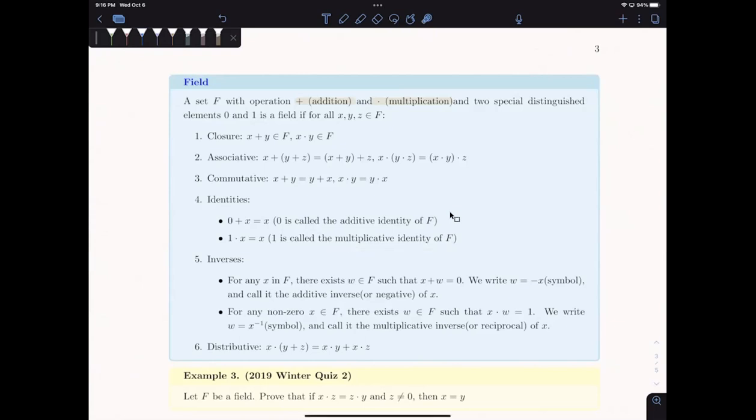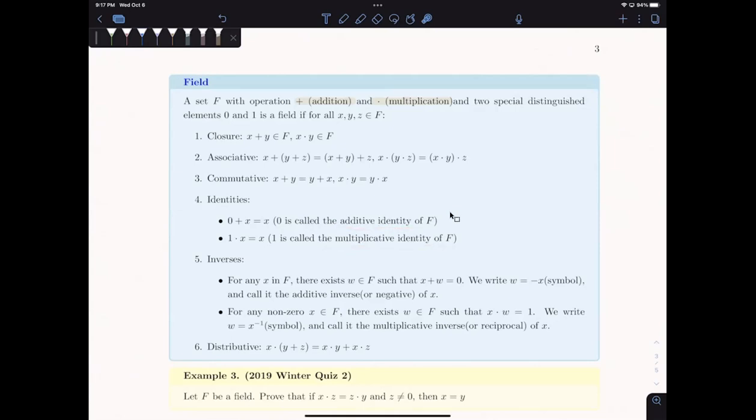So in certain fields, we are not just talking about numbers. It really depends on what your field is. Does that make sense? For example, in a field that is not dealing with numbers, your additive identity and multiplicative identity might not be 0 and 1.